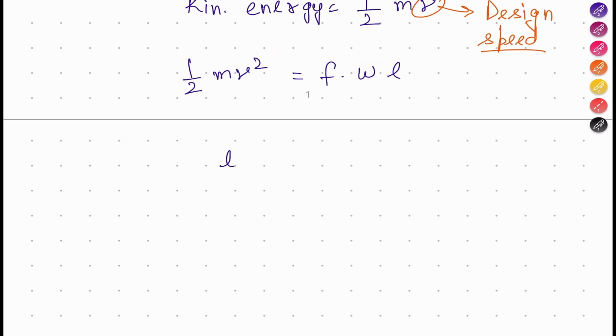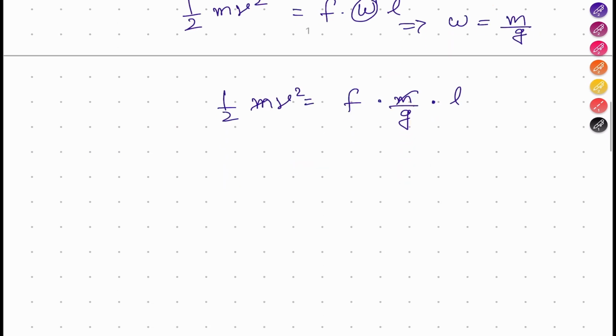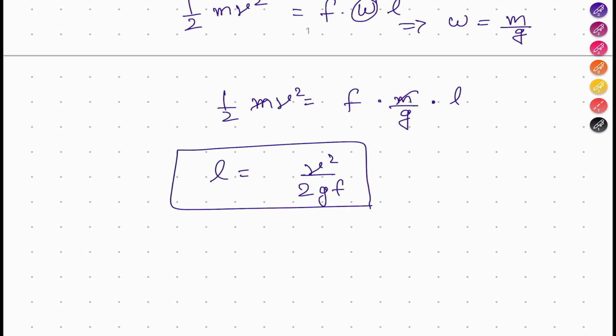So L would come out to be, where W is equal to mg, so let me rewrite it for you. Half mv square is equal to f dot mg dot L. So m will cancel out. L would be given as V square upon 2gf, right?